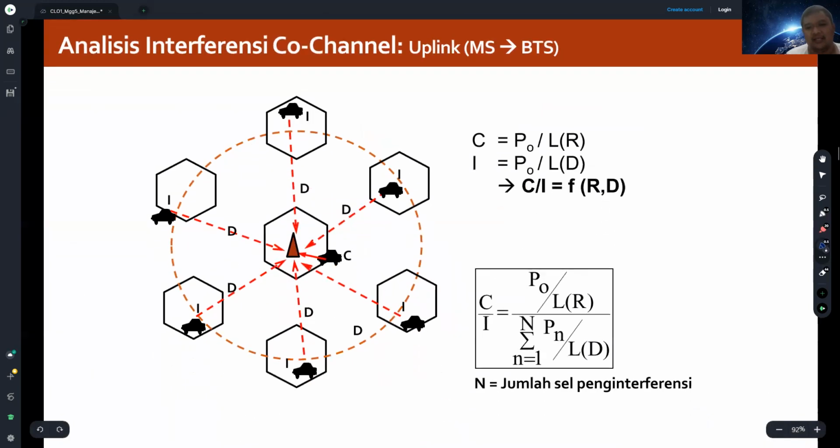Now, the simpler model is using cluster equal to 3. If we are using K equal to 3, we can see that there will be 6 interference towers around the main tower.